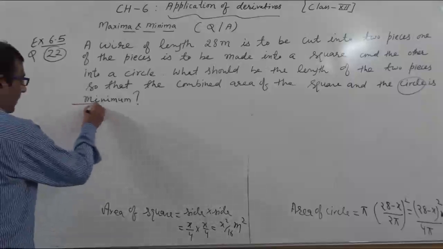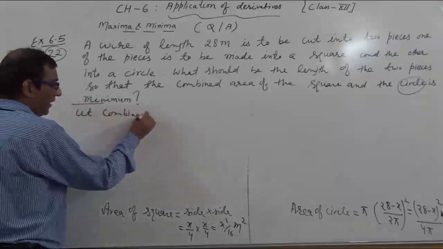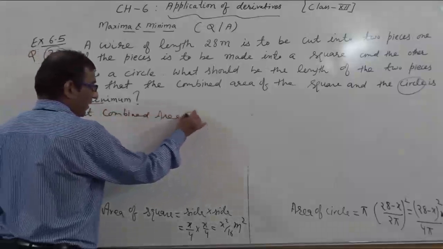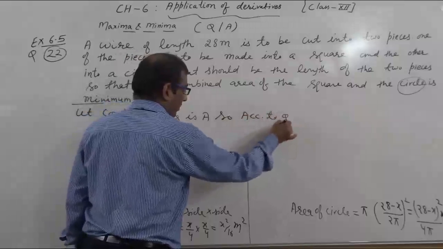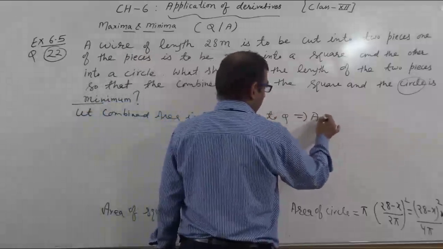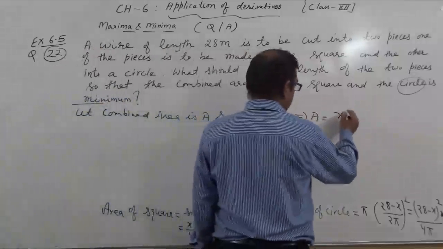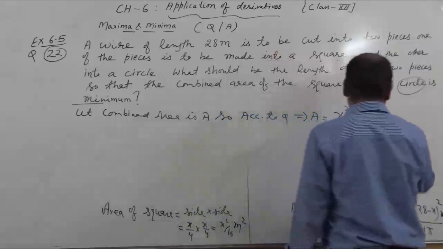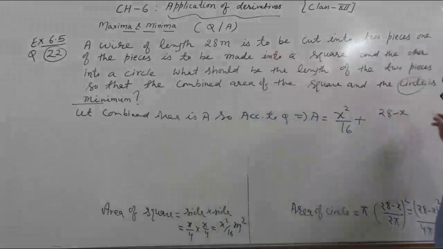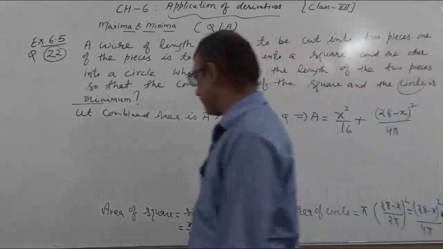So according to the question, we can say A equals area of square plus area of circle, which is x squared upon 16 plus ((28 minus x) upon 2 pi) squared. So this is the combined area, right?